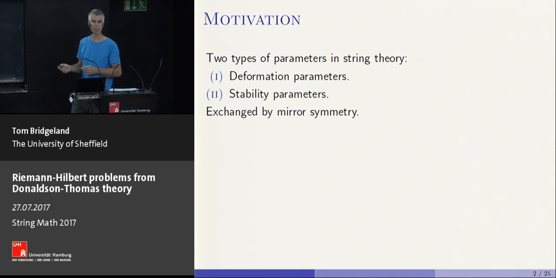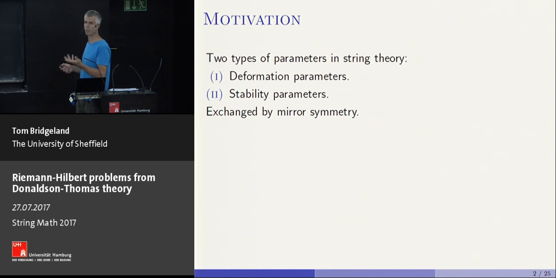So for example, if we're thinking about the B model, which is usually my favorite, so we're thinking about coherent sheaves, then the complex structure are the deformation parameters. That tells us which category we're talking about, the category of coherent sheaves on which complex manifold. And then the Kähler parameters arise as stability parameters.